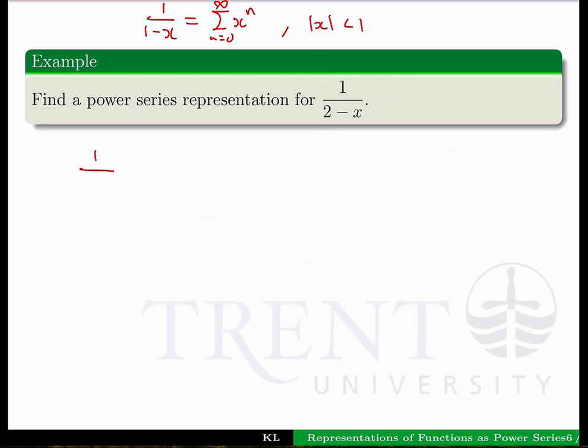1 over 2 minus x, we can factor out 2 from the denominator. If we do that, we have 2 times 1 minus x over 2. So we will have 1/2 times 1 over 1 minus x over 2.